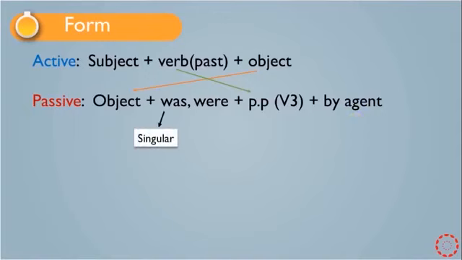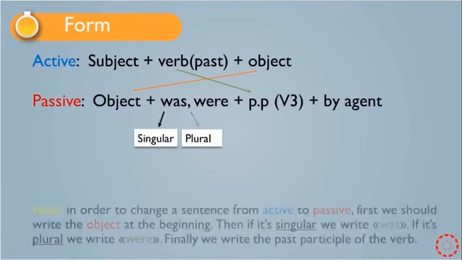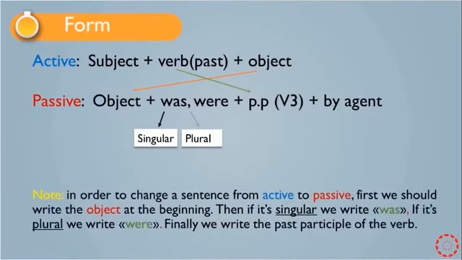And also we use was with a singular object. If we have an object which is singular, we use was, and were with a plural object. And this is the explanation of the forms of past simple passive.